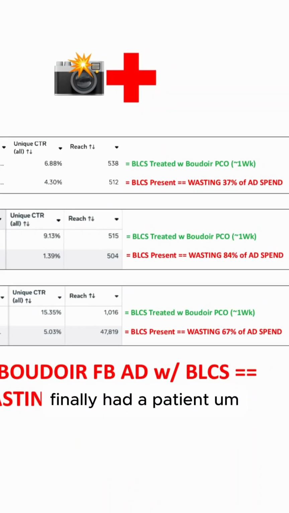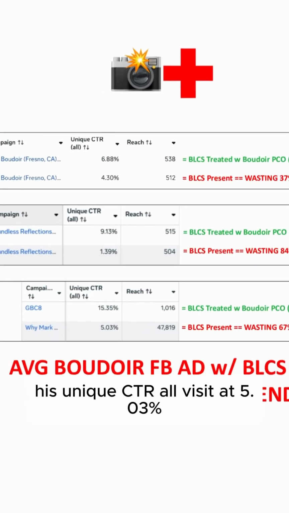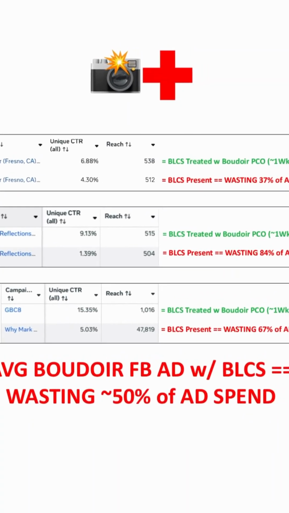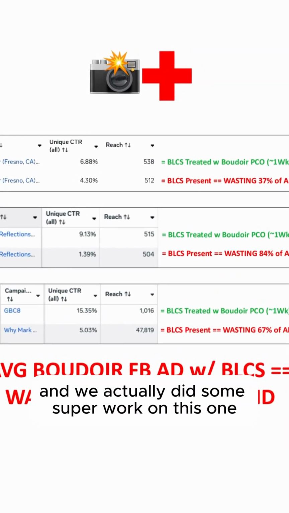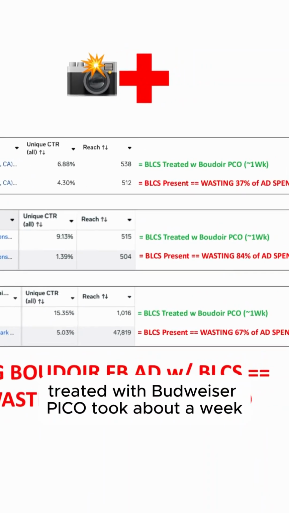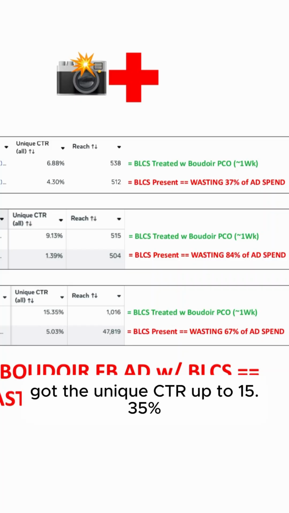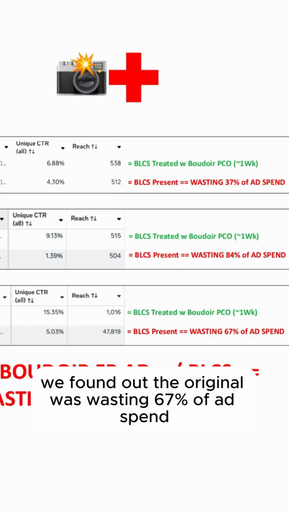Finally had a patient. His unique CTR via ad was 5.03%, and we actually did some super work on this one. Treated it with Boudoir PICO, took about a week, got the unique CTR up to 15.35%. So found out the original was wasting 67% of ad spend.